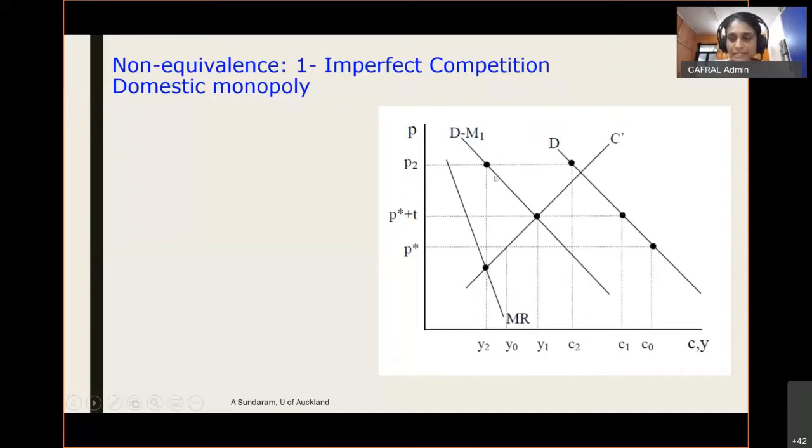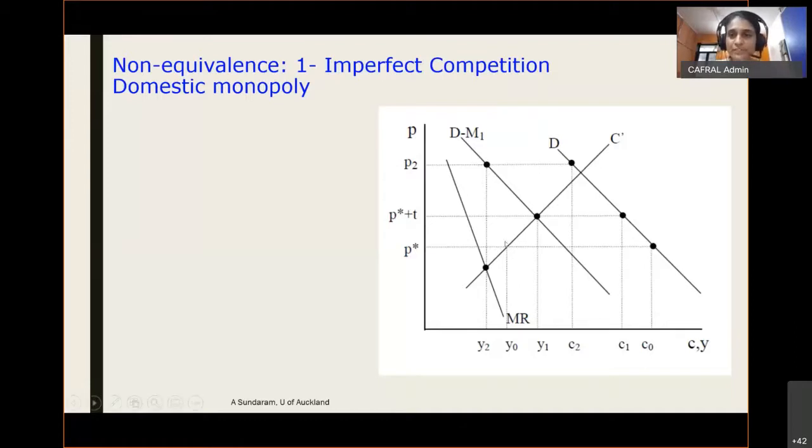And so when this happens, and this is the residual demand curve where the monopolist is operating, their marginal revenue curve is given by this MR. And so then the optimal price will be P2 and production will be Y2. So what this is saying is, if you are in an imperfectly competitive environment with a domestic monopoly, you better not have a quota.